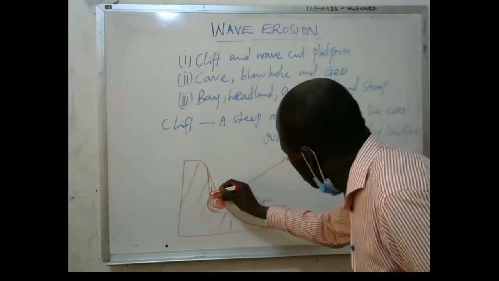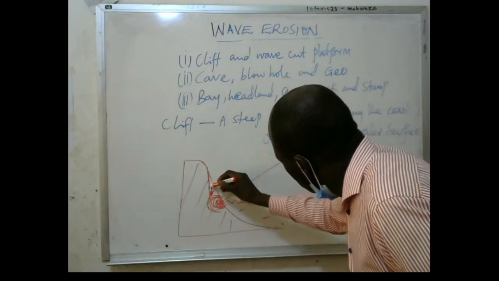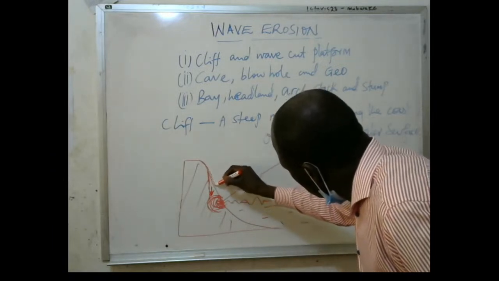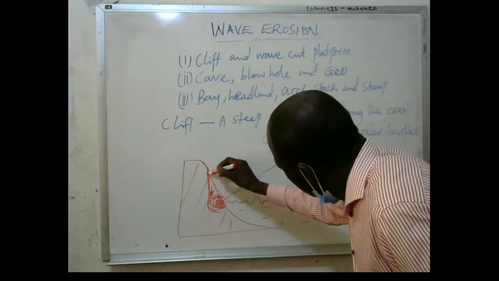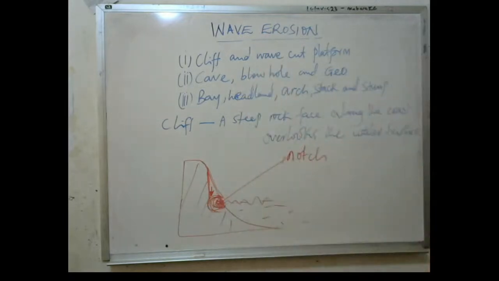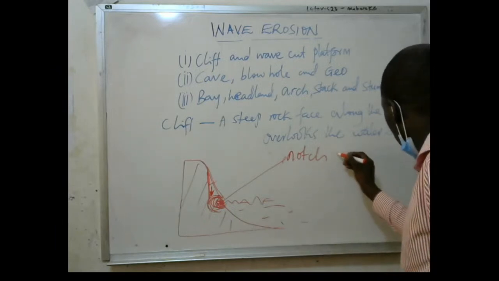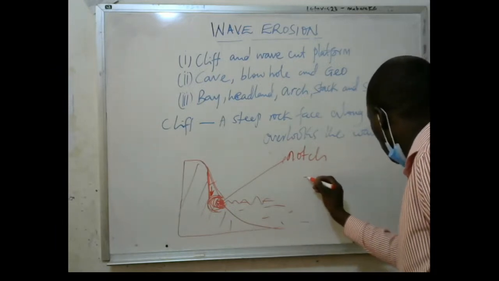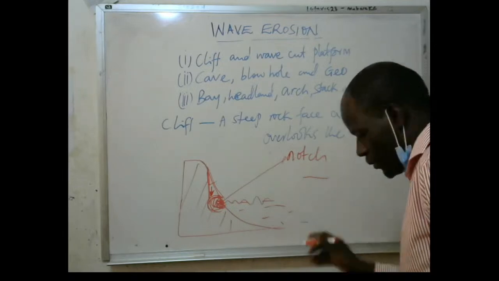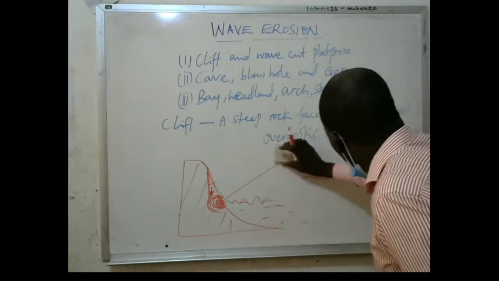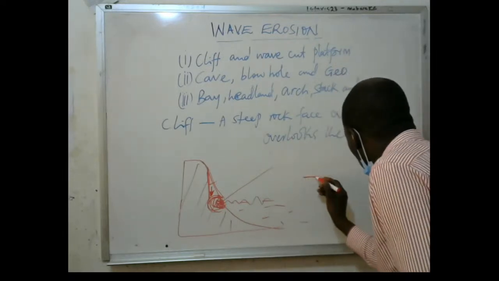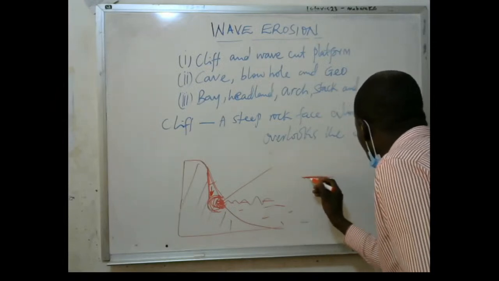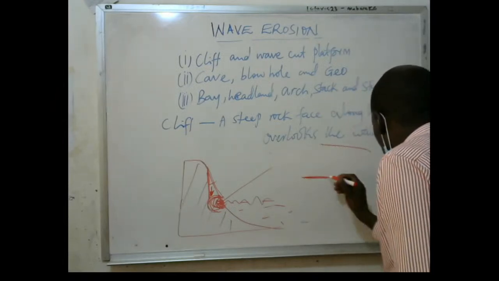When it collapses, this part that may have been relatively gently sloping turns into a vertical slope that we shall call the cliff. And our illustration there simply shows when the roof of the notch collapses.